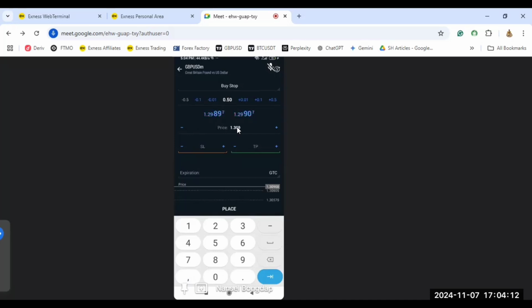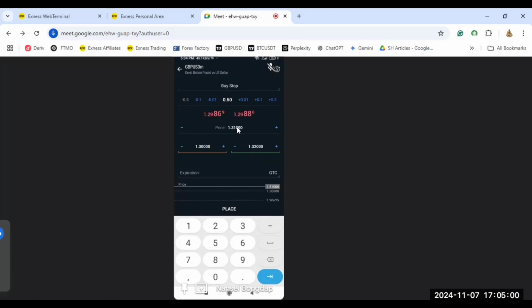So let me put it at 1.31. So when price reaches 1.31, I want to go in for a buy. So our stop level will be 1.30. In fact, let me change it to 1.30 to distinguish it from the laptop. Then our take profit level will be 1.32.